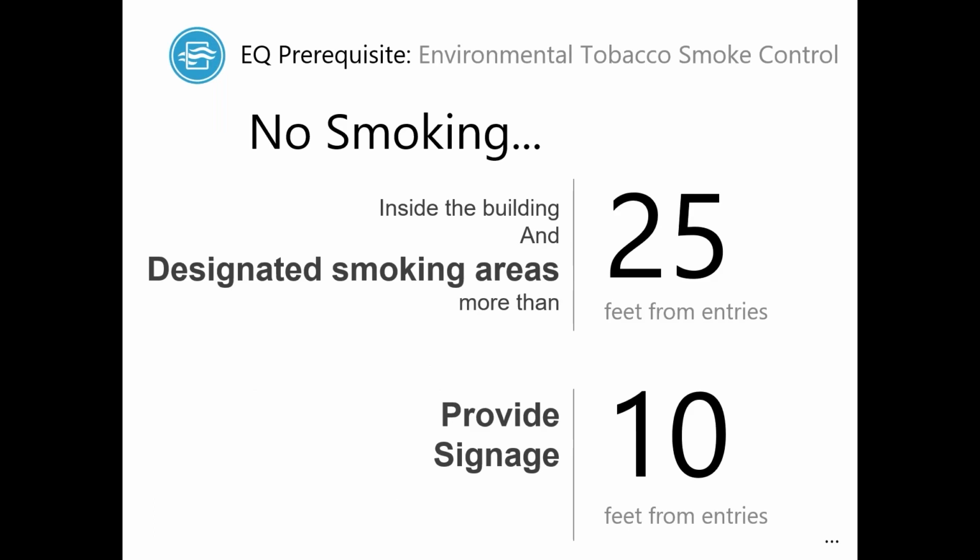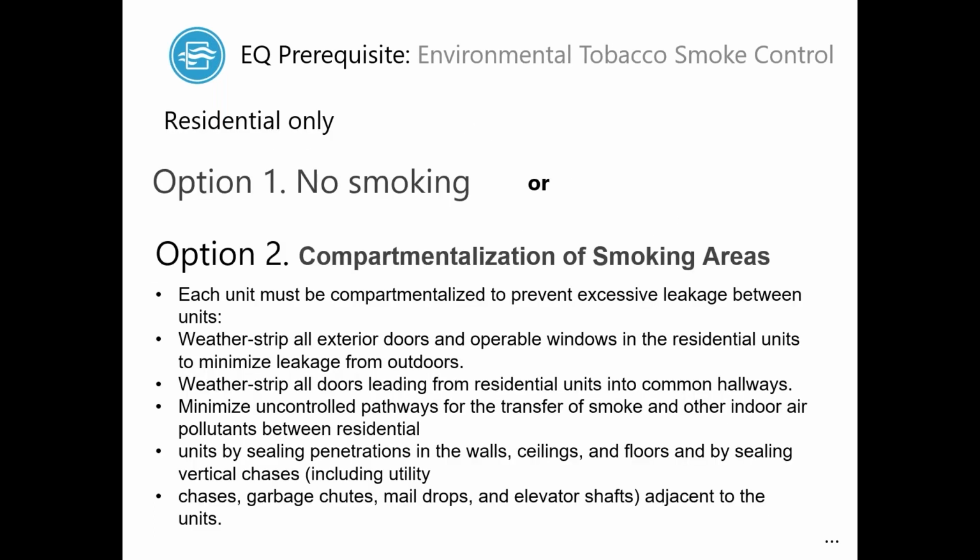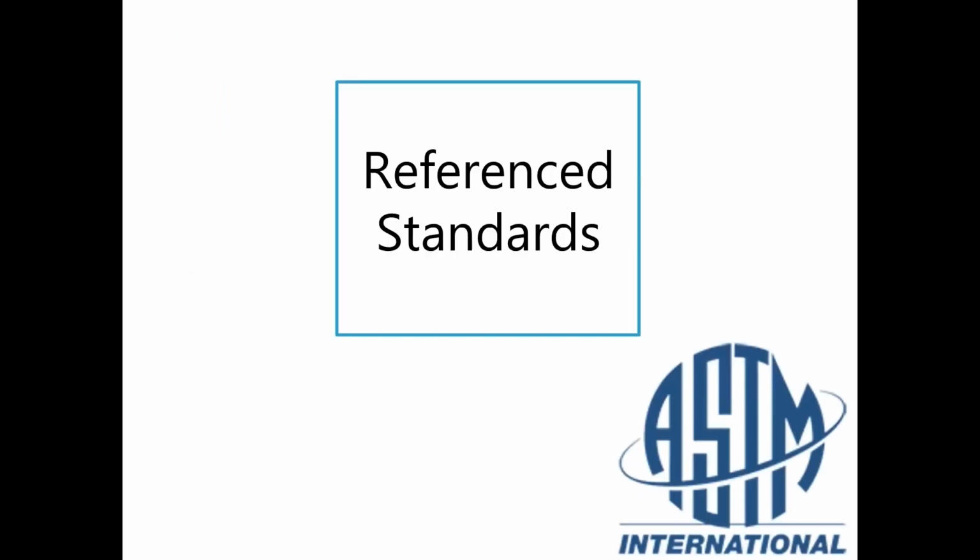Again, quick reminder, most areas you're going to say no smoking, but for residential, if you want to provide smoking, these are the items that you need to meet. And this might be a question that you end up seeing, something about smoking areas. So that's a good one to keep in mind. And so reference standards for if you have smoking on site, these are going to be good ones to remember.